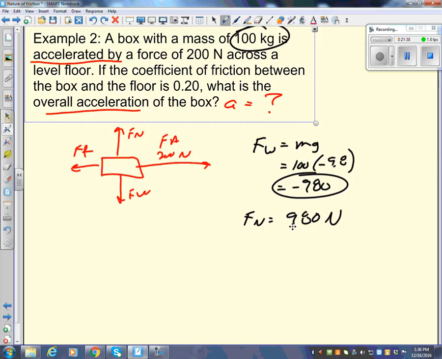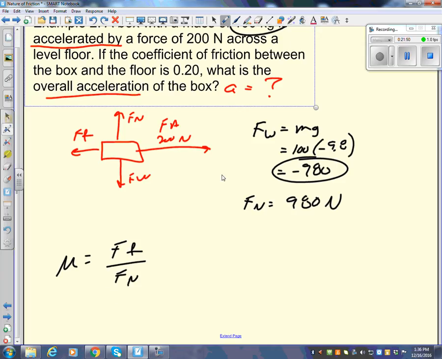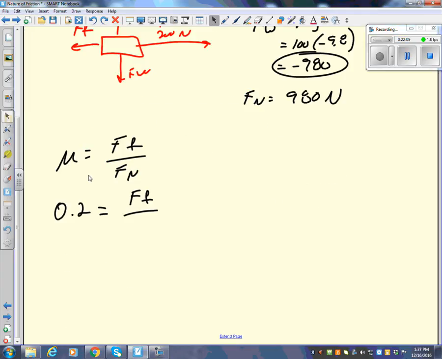Okay, now with my Fn, and this time I have my mu, I can solve for friction. The mu value is 0.2. We're going to solve for FF. So I have 0.2, mu equals FF over Fn. The 0.2 is my mu.